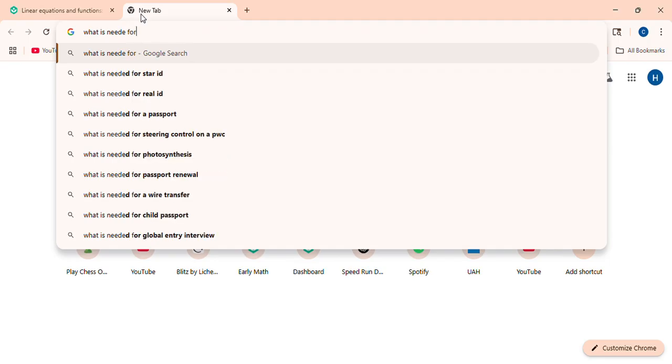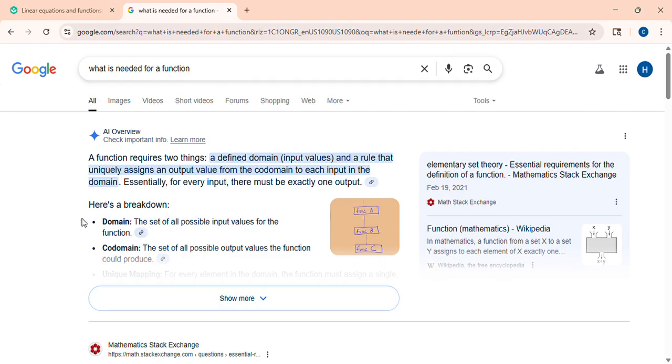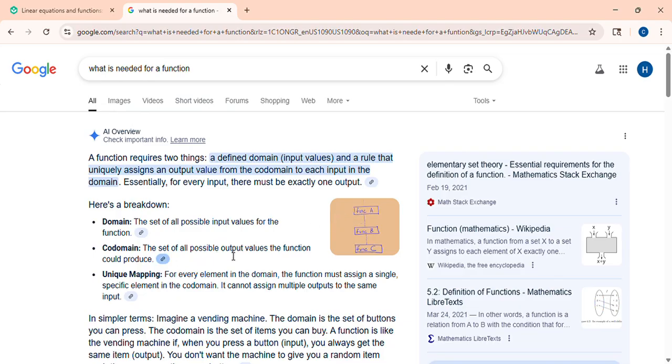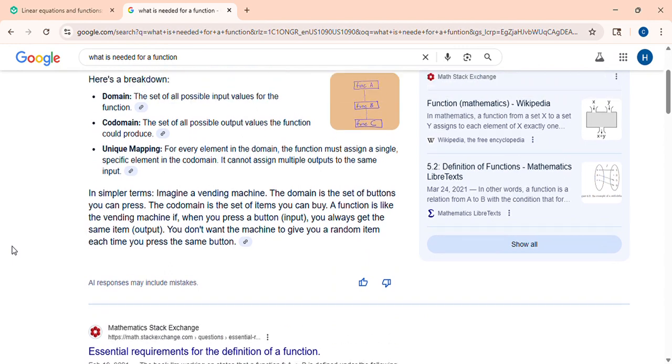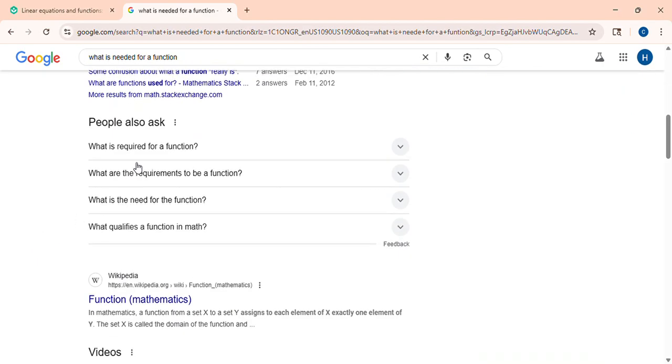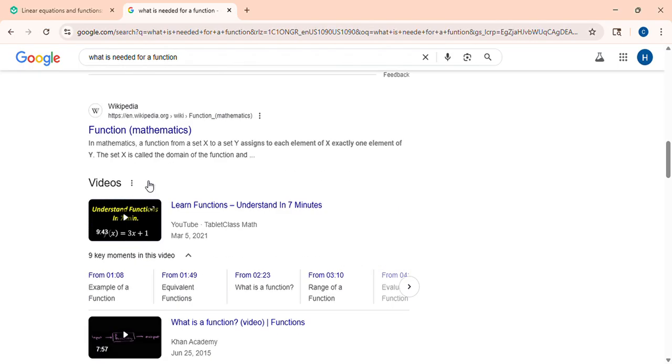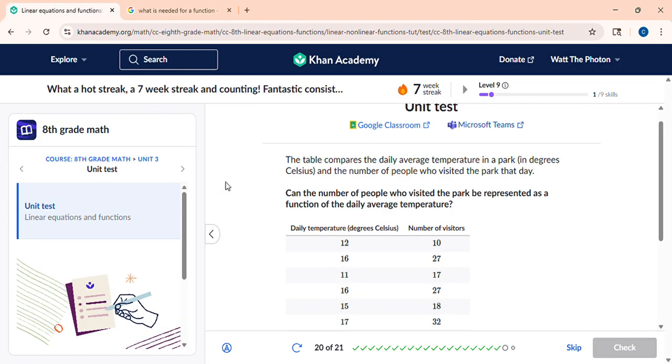What is needed for a function? All possible outputs.